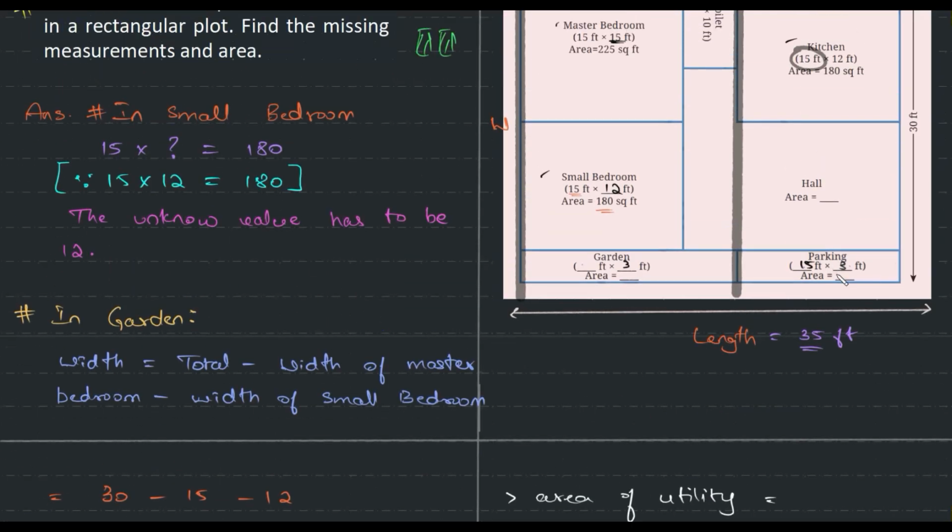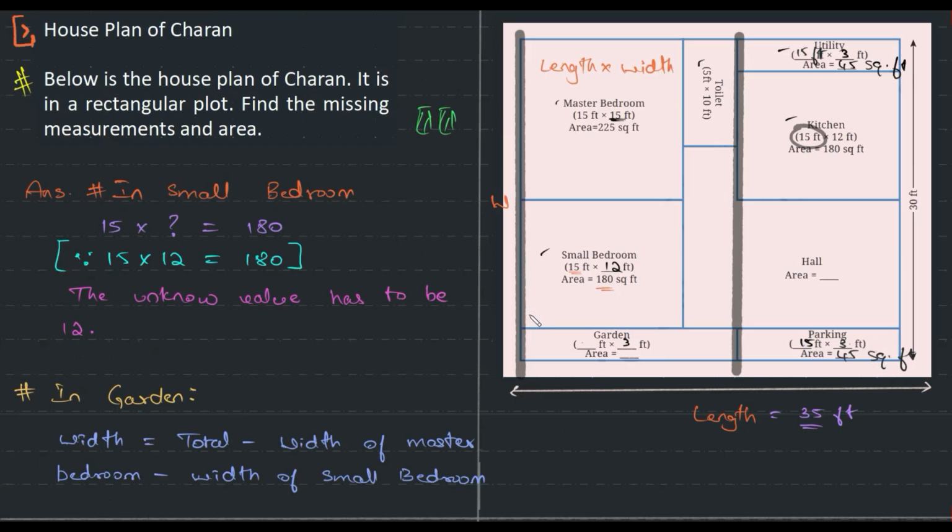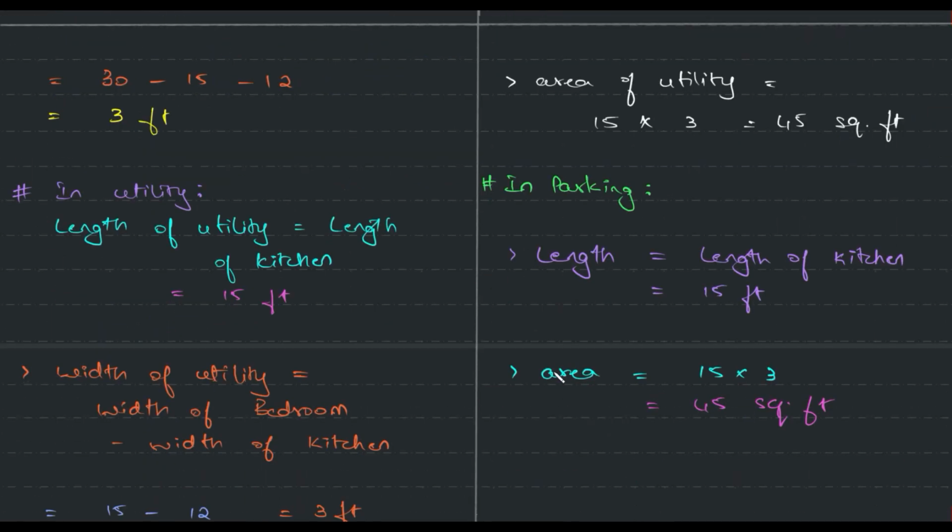Again, all this is a puzzle. How you want to solve it is left to you guys. Since I know the length of the entire thing, I'll be able to figure out the length of the garden finally.